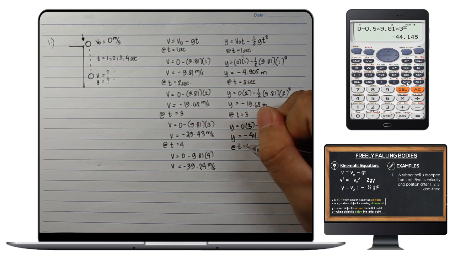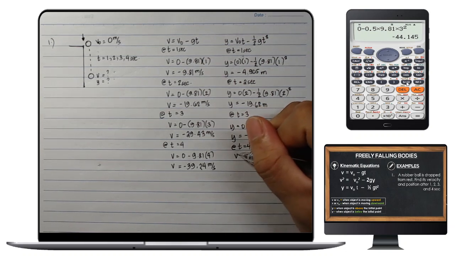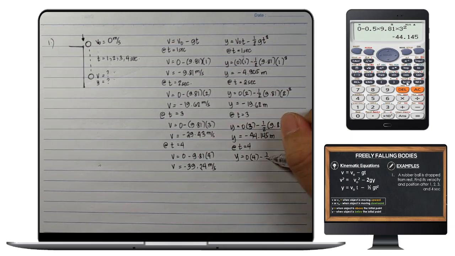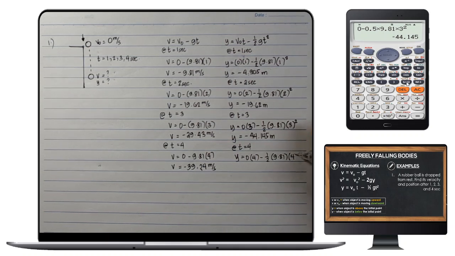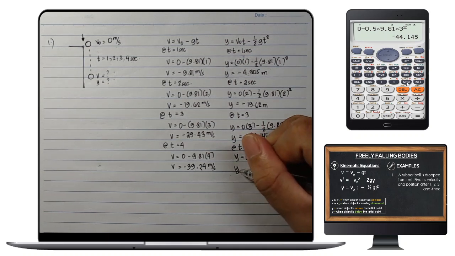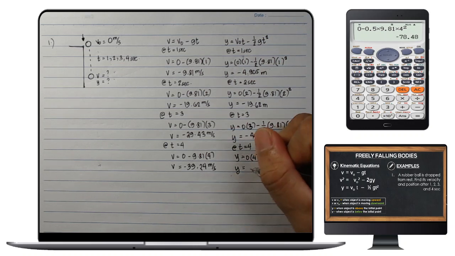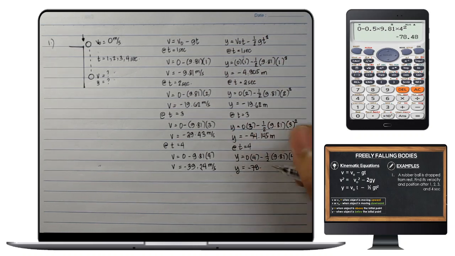So at t is equal to 4, y natin is equal to 0 times 4 minus 1 half times 9.81 times 4 t square. So y natin will be, palitan lang natin to ng 4, equals negative 78.48 meters.